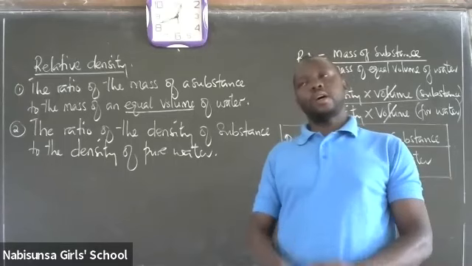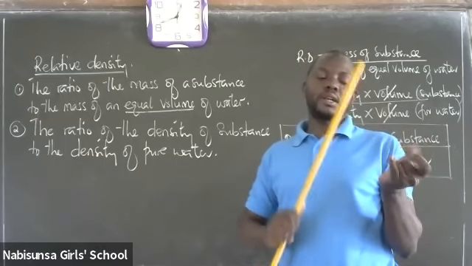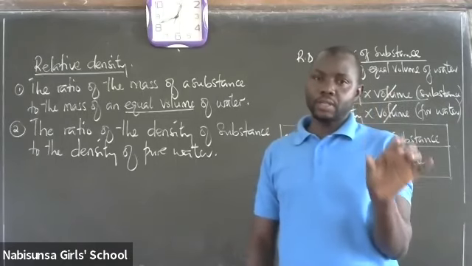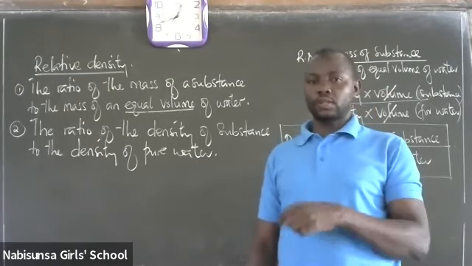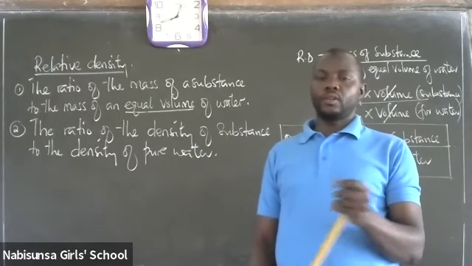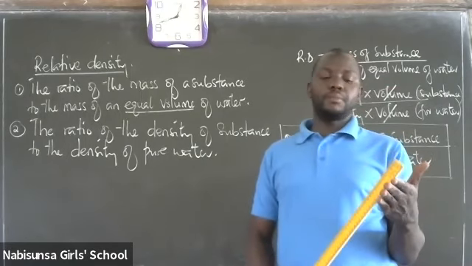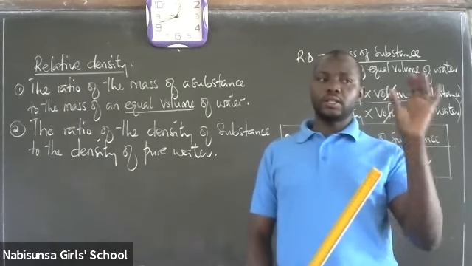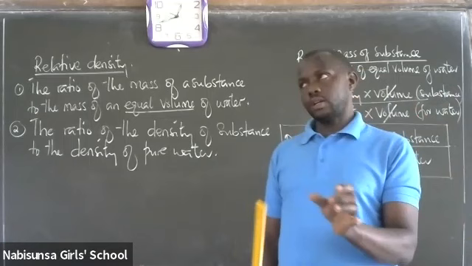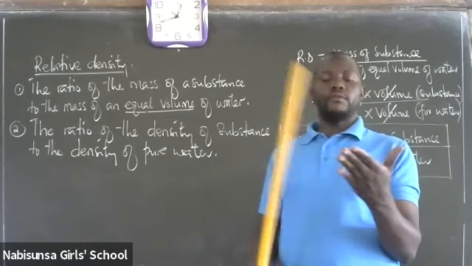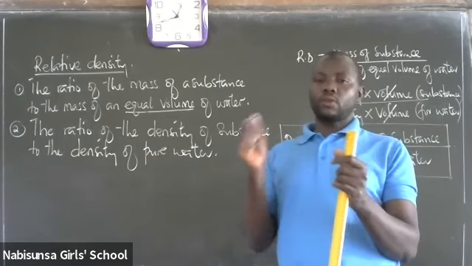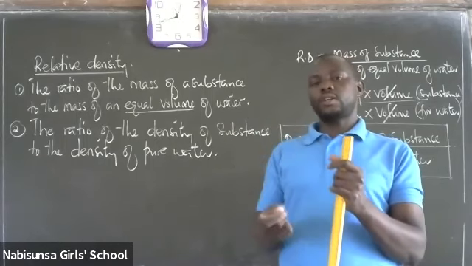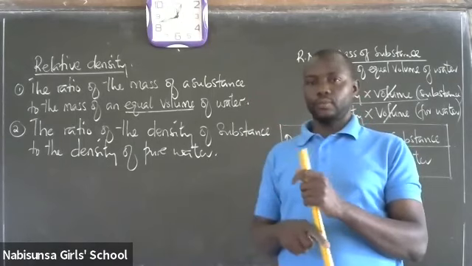We can only have relative density being less than 1 if and only if the density of that substance is less than the density of water. And we can have the relative density being equal to 1 if and only if its density is equal to the density of water. We can have relative density being greater than 1 if and only if its density is greater than that of water. That's very correct.